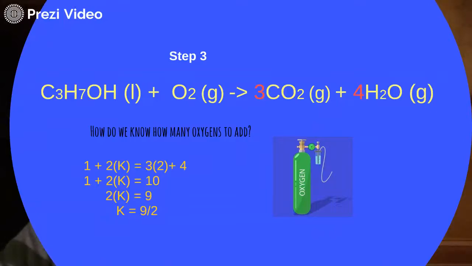So we just do some algebra: 1 plus 2k equals 10. If we subtract 1 from both sides, we get 2k equals 9. Then if we divide both sides by 2, we get k equals 9 over 2. And 9 over 2 is in fact our coefficient here.